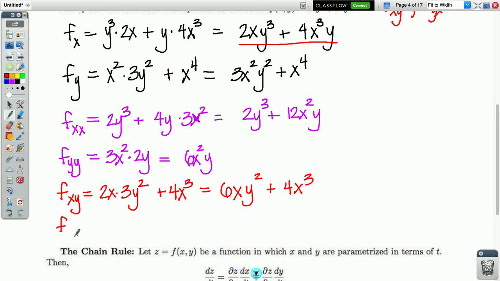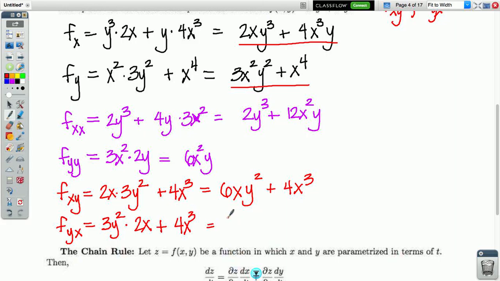And now I'm going to go through and do the other way as well. So I'm going to take this guy and differentiate with respect to x. So for this first term, the 3y squared is a constant and then I differentiate with respect to x. So I'm differentiating this x squared with respect to x, which just gives me 2x. And then differentiating the x to the fourth with respect to x, and that just gives me 4x cubed.